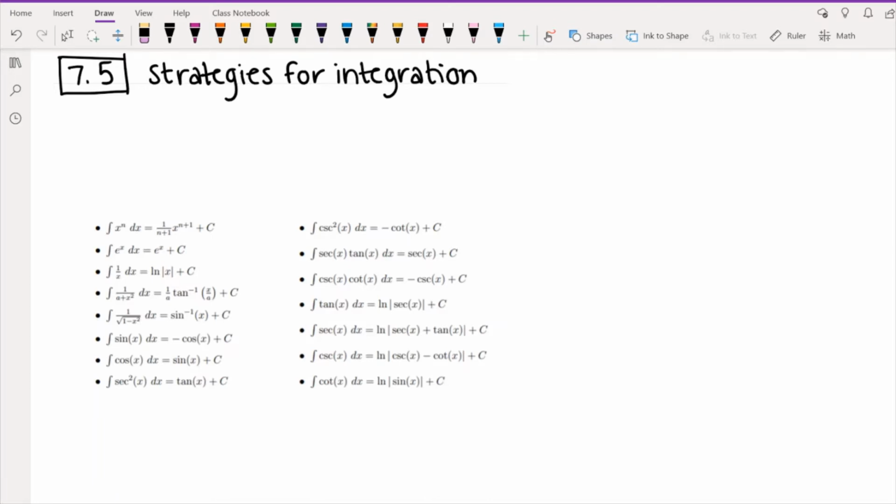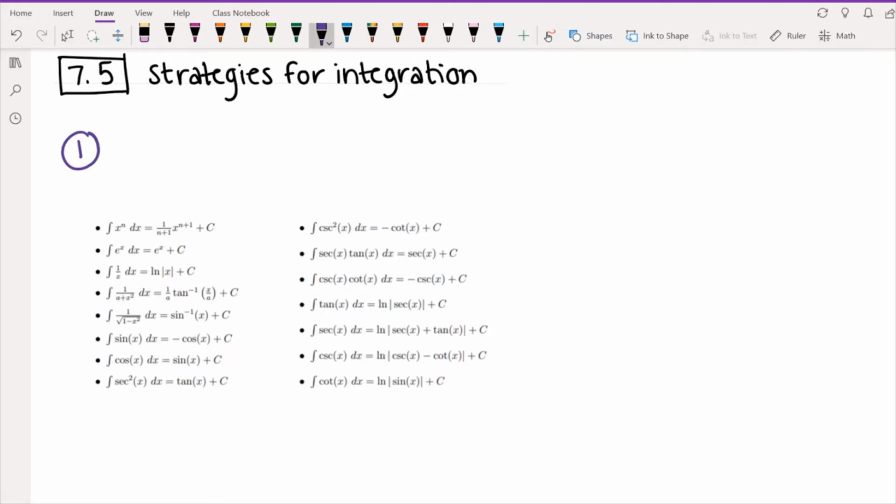Okay, so first thing on our list is going to be to basically look at a table of known integrals. So this is the list of integrals that I will give you on a test. And so anything that's not on this list, you will be expected to use the other strategies to integrate. I just want to mention that because if you just Google integration table or something like that, you might find a list that includes other things.